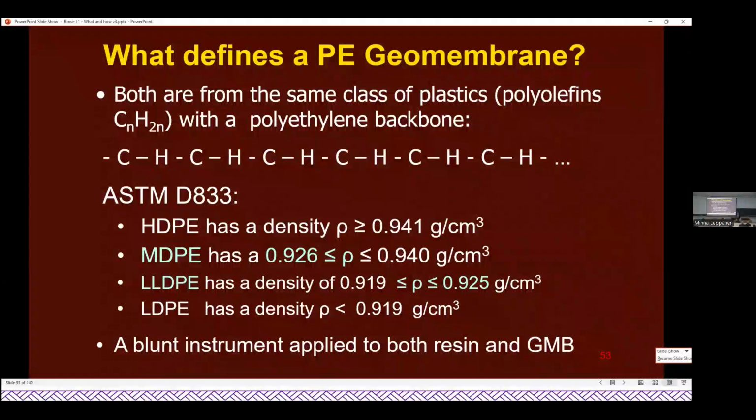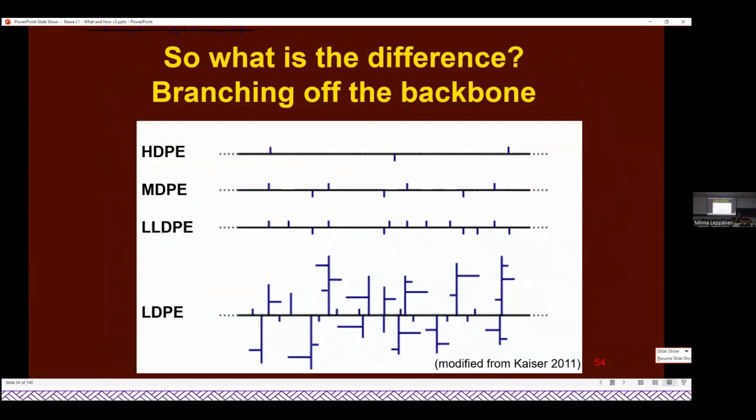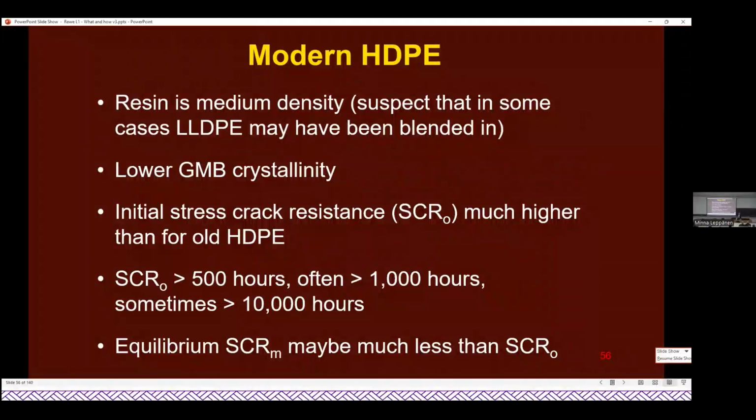So, polyethylene. It comes as a chain of carbons with hydrogens. And which category we put it in depends on the branching. HDPE is a very linear structure, whereas LDPE is a very, very branched structure. Now, what's the significance of that? Well, firstly, what we call HDPE today is not really HDPE.